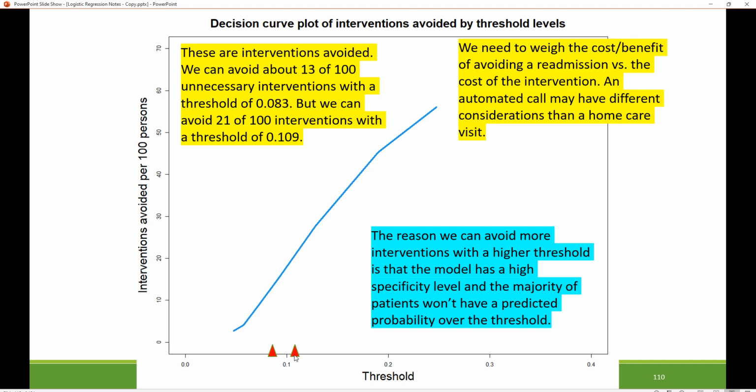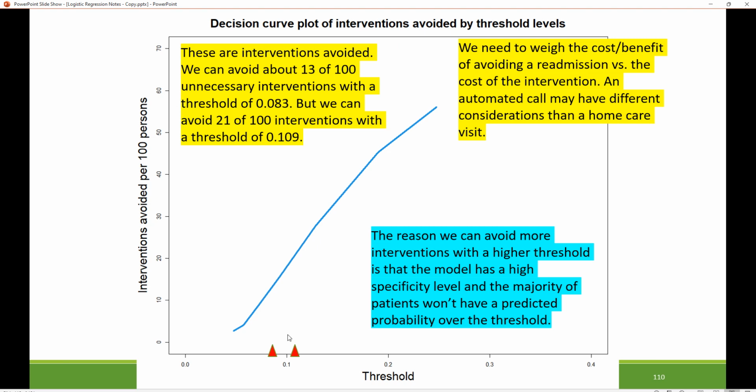So that second red triangle on the x-axis, if we go up, it crosses around 21 interventions avoided per 100 cases.